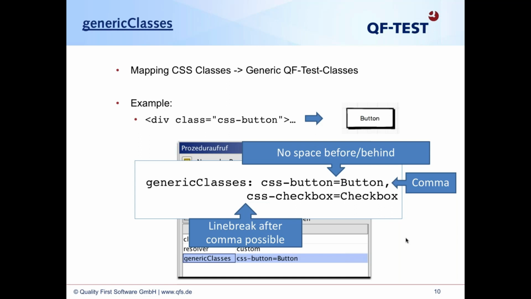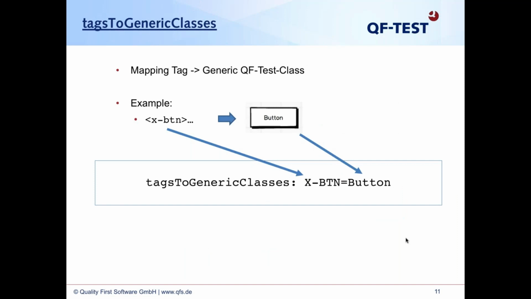Another way to define a mapping for generic classes is to use the name of the HTML tag. For example, if you have custom HTML elements like this X button element, and you want to say all X button elements are in fact buttons, then you use the tag to generic classes parameter of the install CustomWebResolver call, and write X button equals button.